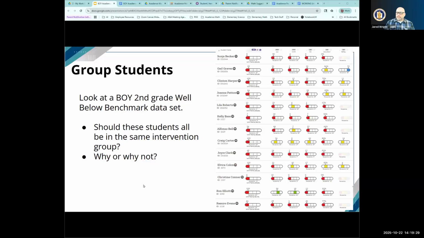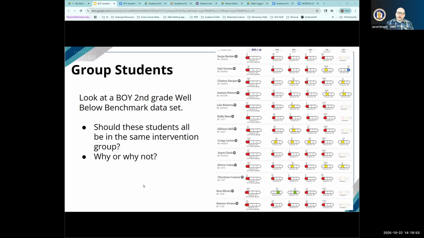So as you're considering these, obviously the number of students matters. You're not going to want that many in a small group. It's not really a small group if they're all in the same group. You'll also want to consider what they were scoring in their measured level.